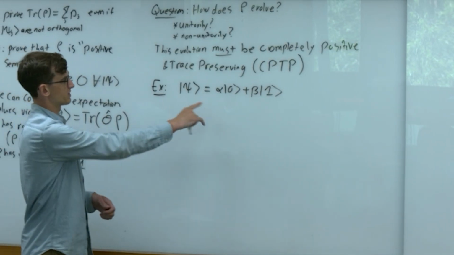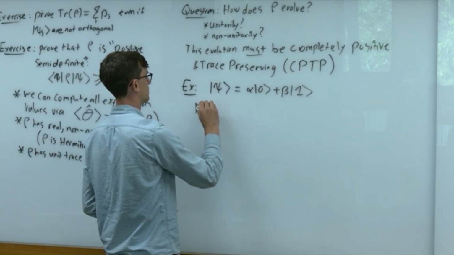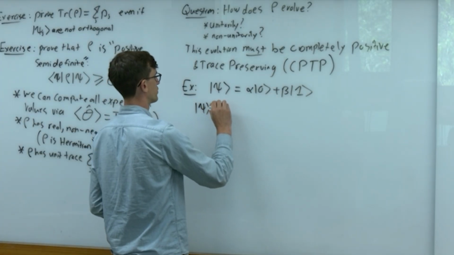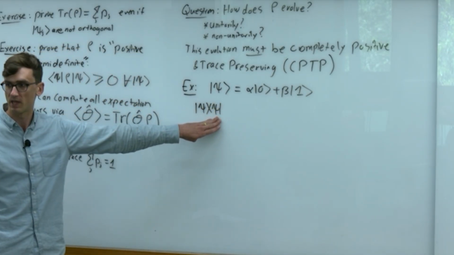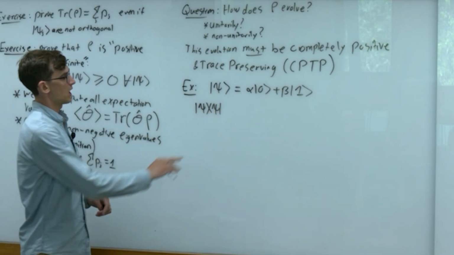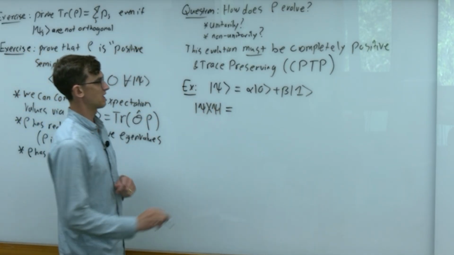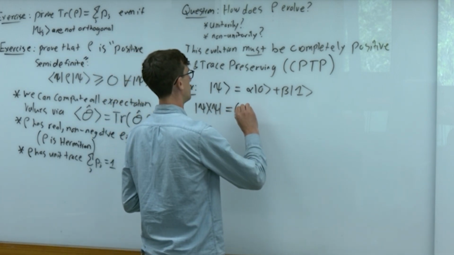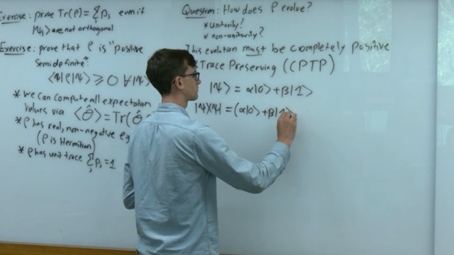How would I represent this as a density matrix? I would take ket psi, and I would multiply it by the bra psi. What does this actually look like in density matrix form? It's alpha 0 plus beta 1.